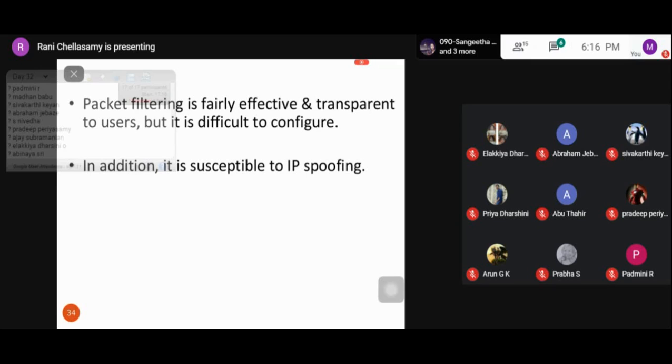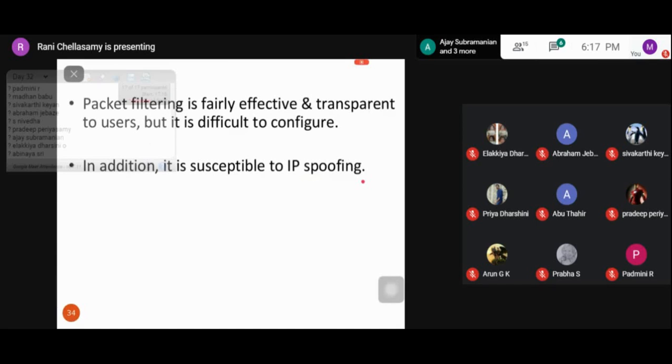In addition, it is susceptible to IP spoofing. What is meant by IP spoofing? This is nothing but the creation of internet protocol packets with a false source IP address. That is called IP spoofing.